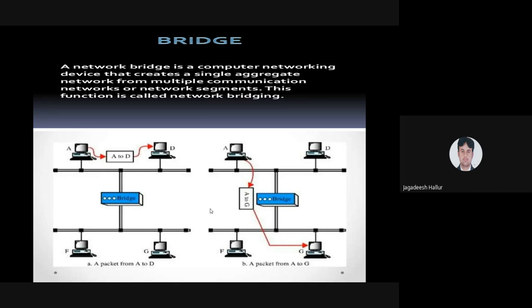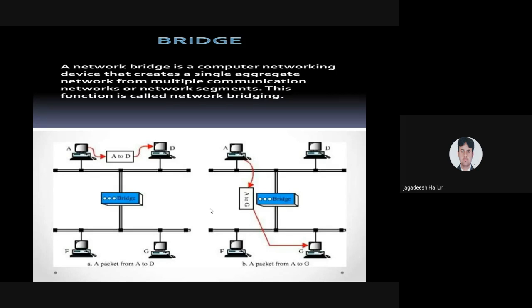A bridge has only two ports. All four PCs on the left are connected to one port, and all PCs on the right are connected to the second port. Port number 1, ABCD. Port number 2, EFGH.